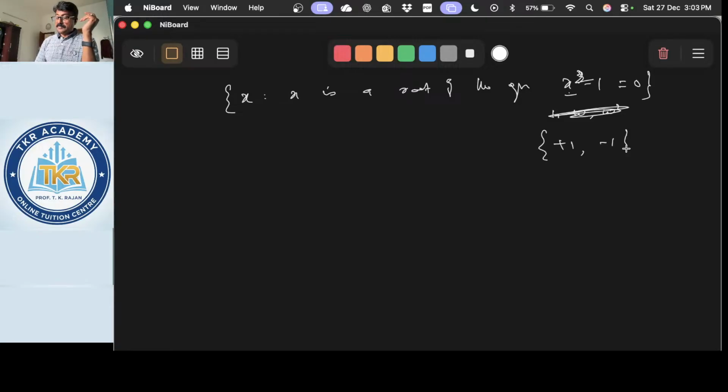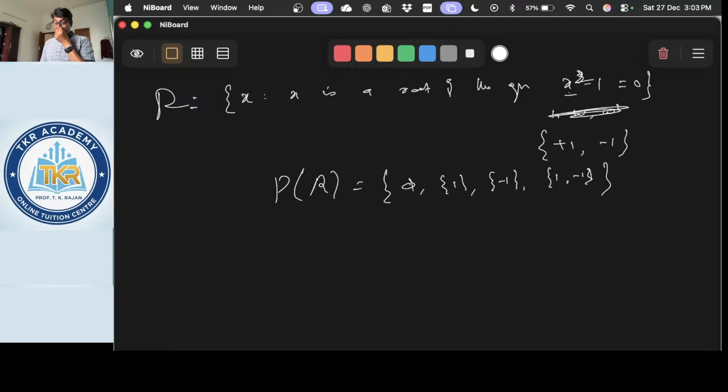So this set is {1, -1}. Now you can write the power set of this set. The power set consists of the empty set, then {1}, then {-1}, then {1, -1}. This is the power set of this set. Suppose this set is R, then P(R) is {empty set, {1}, {-1}, {1, -1}}.